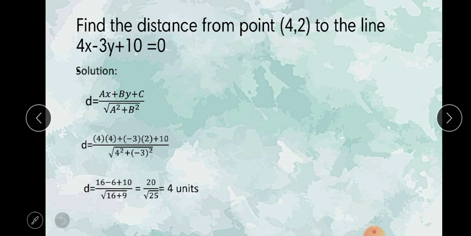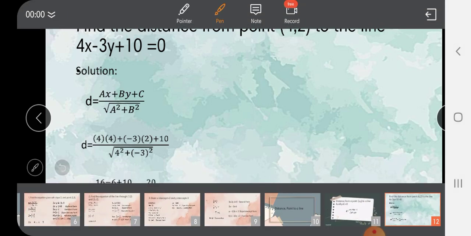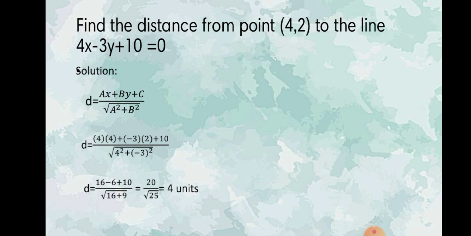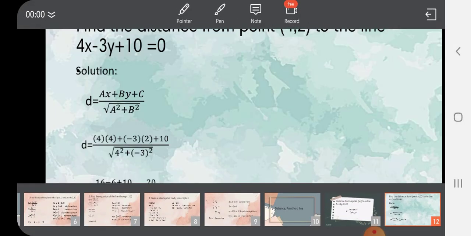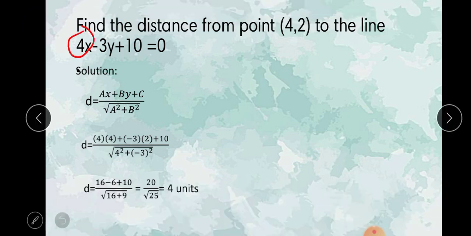For example, find the distance from the point (4, 2) to the line 4x minus 3y plus 10. This is the A, this is the value of B, and this is the C. So substitute the given values into the formula.